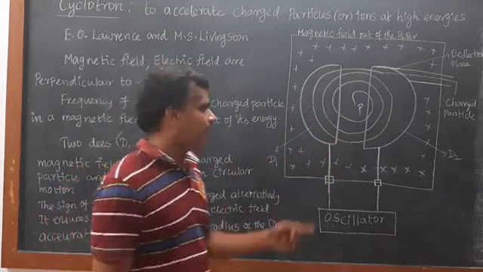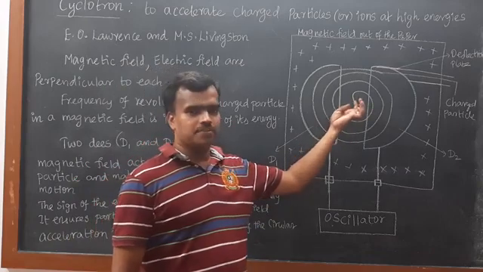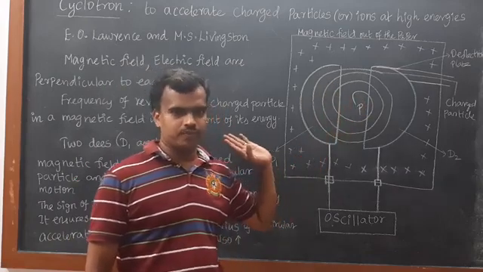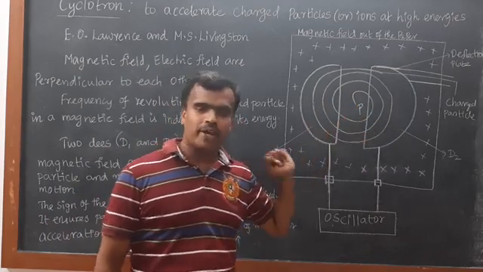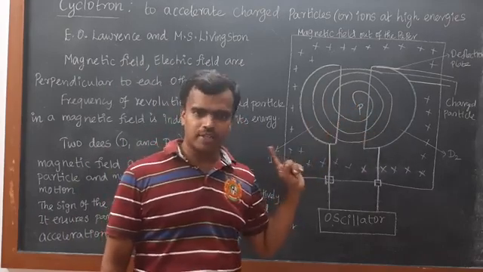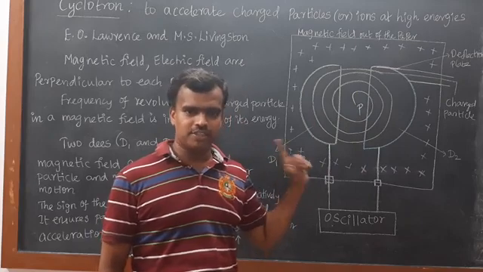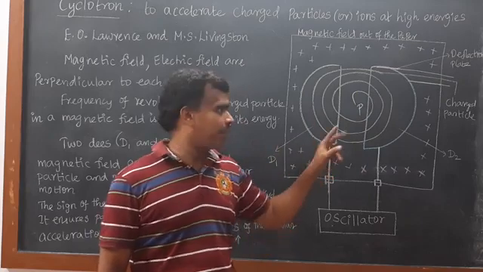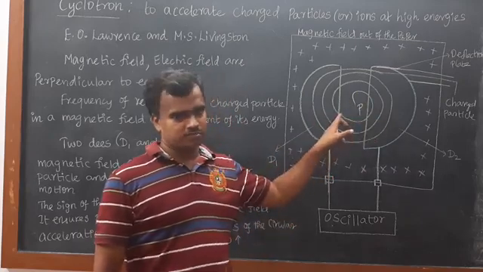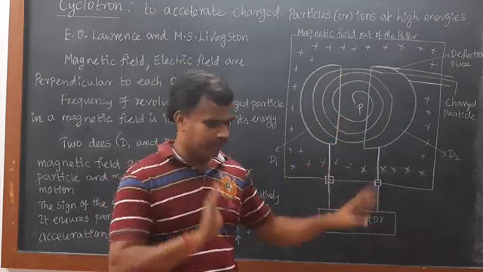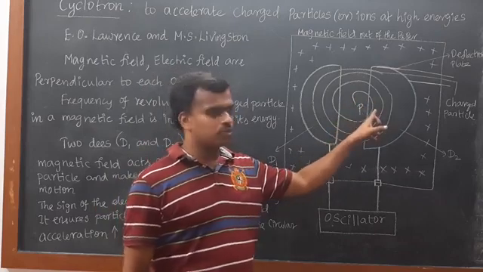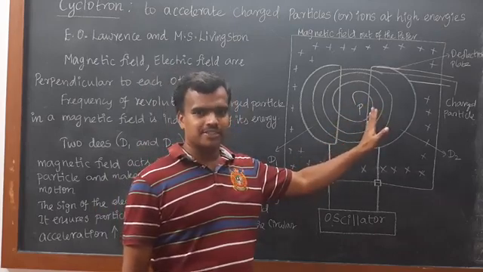Initially the proton goes in a circular motion, due to the perpendicular component of its velocity. After that it makes a cylindrical shape. Now here it comes to this D.